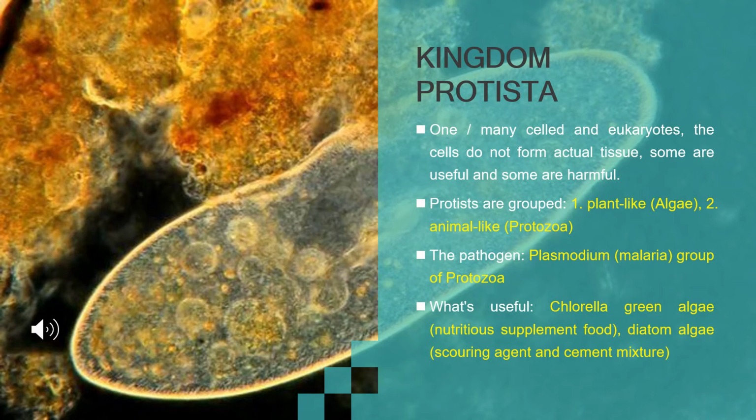An example of pathogenic Protista is Plasmodium, or the malaria group of protozoa. And a beneficial one is Chlorella green algae. It is a nutrition supplement food, and diatom algae, which is a scouring agent and cement mixture.